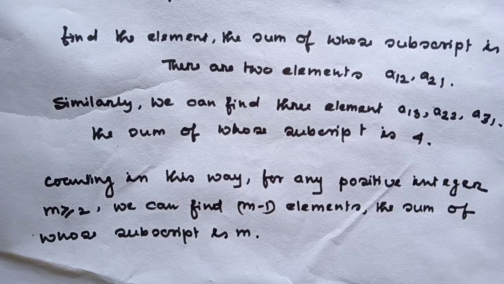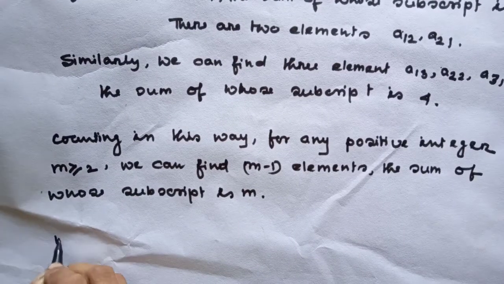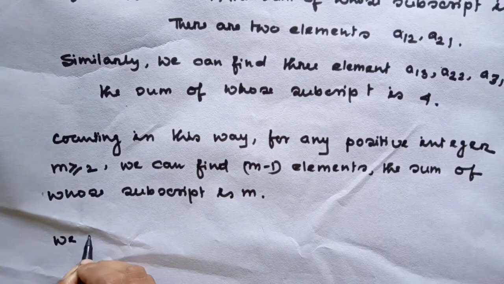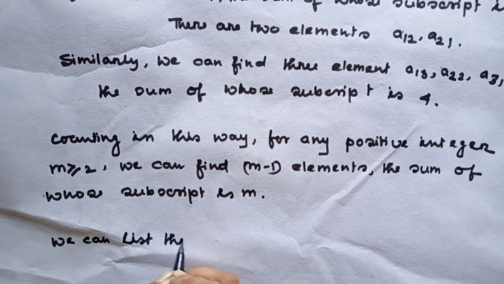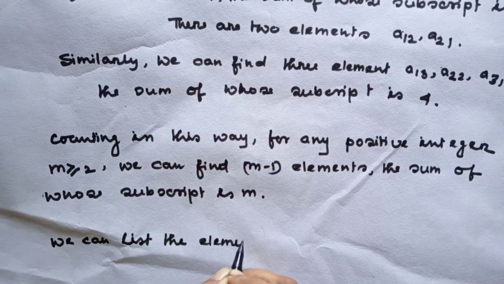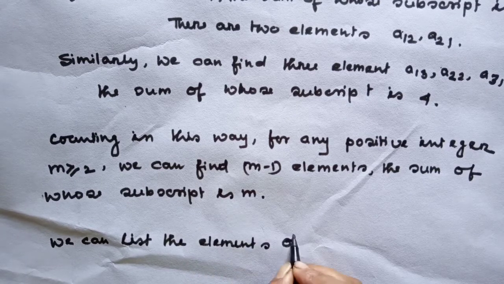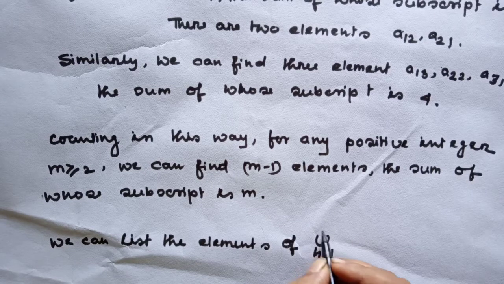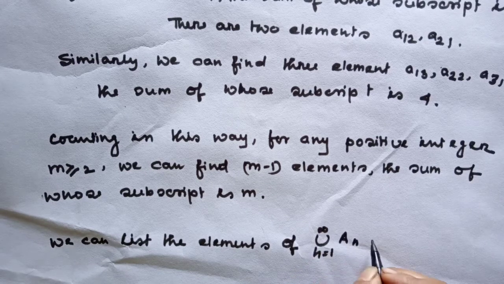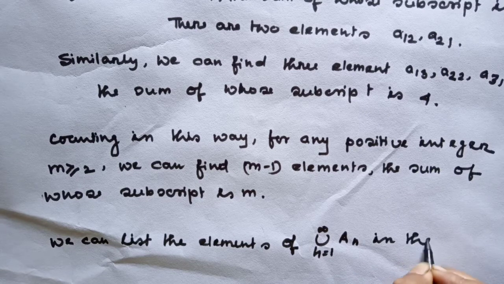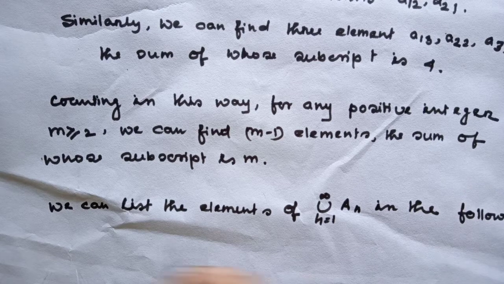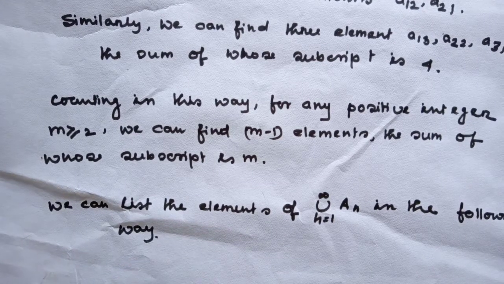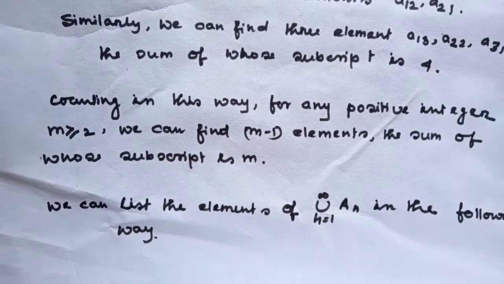Have you understood? Okay. Now we can list the elements of the union over n equal to 1 to infinity of An in the following way. Have you understood? Okay.